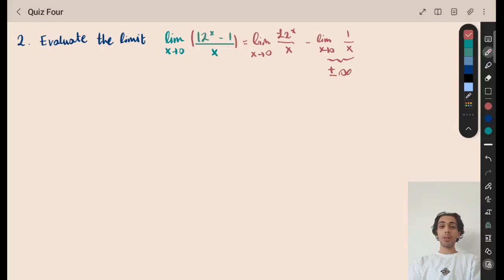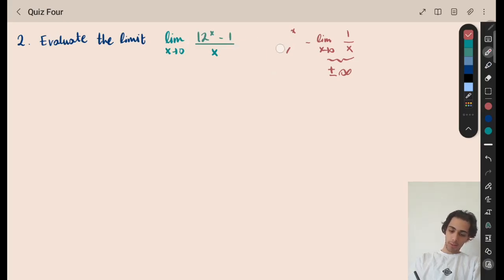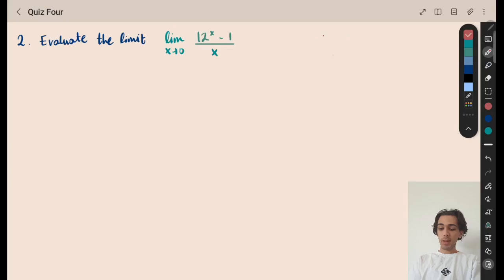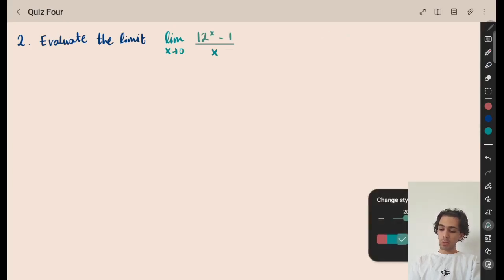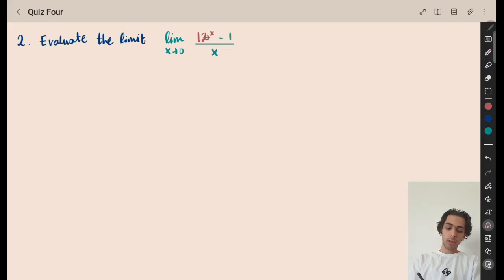But then I look at the choices and they're all constants. So I guess it's not a good way to proceed. Instead, I think it would be very good to focus on this function, 12 to the x, which we don't know how it acts.